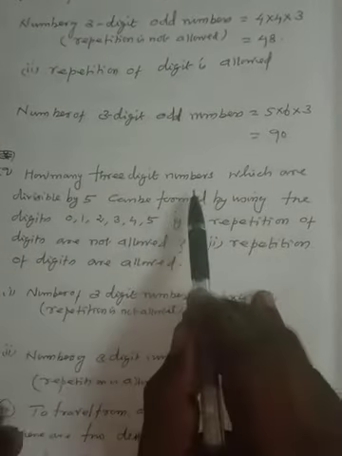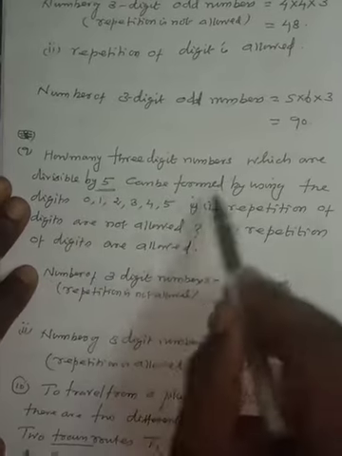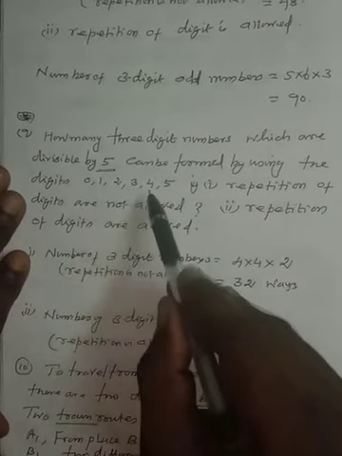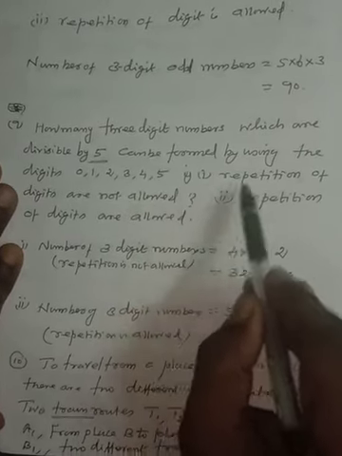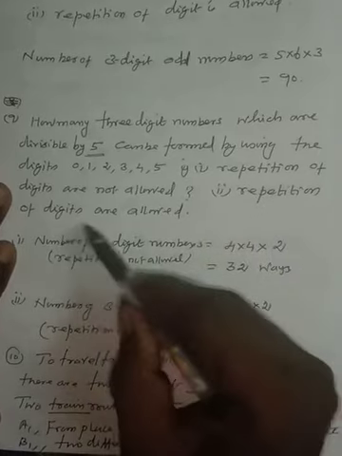Sum number 9. How many 3-digit numbers which are divisible by 5 can be formed by using the digits 0, 1, 2, 3, 4, 5? Number 1, the repetition of digits is not allowed. Number 2, repetition of digits is allowed.